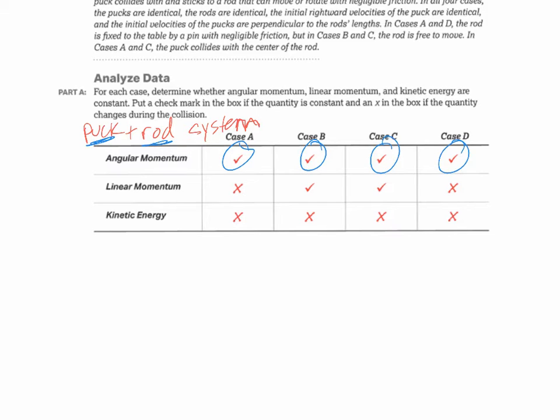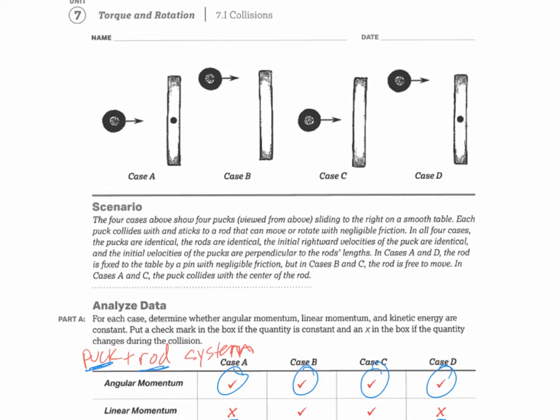Linear momentum, though, is not conserved in case A and case D, because in those two instances with the pin sticking to the middle here, it prevents the rod from moving linearly, and so in those two cases, the puck will bounce off, and so it has some starting momentum this way, and it's going to go back the other direction with a different momentum, and the stick can't move to the right to conserve that momentum. That external torque by the pin is preventing that from being conserved.